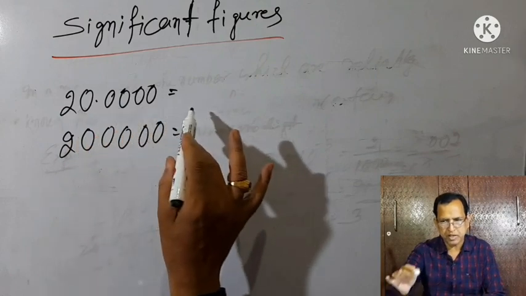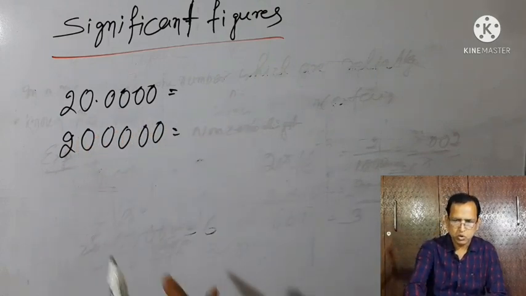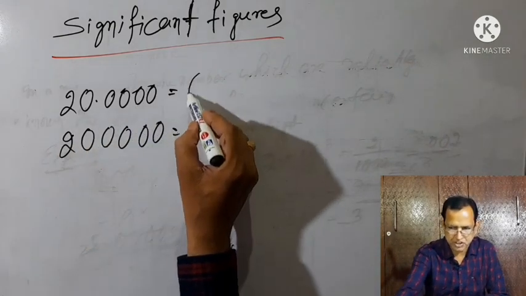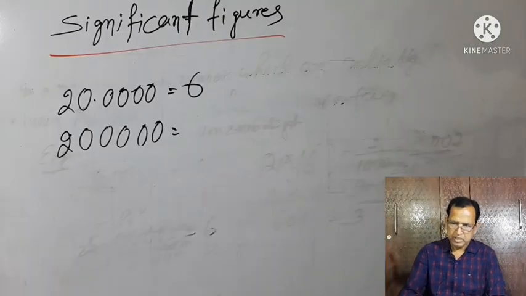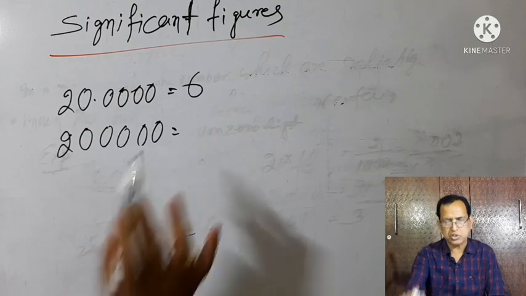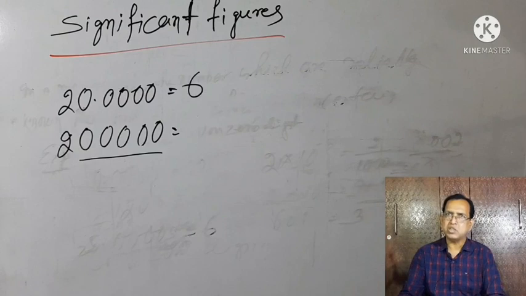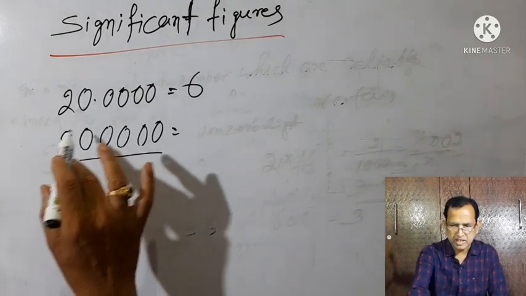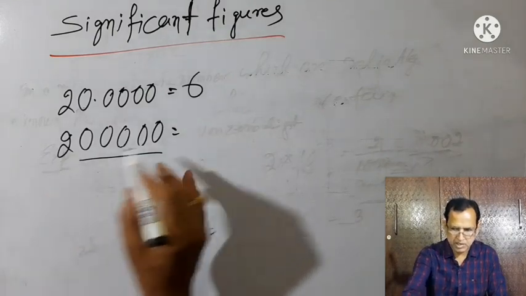So, what is the significant figure for that? There is a decimal point. So, 1, 2, 3, 4, 5, 6. 6 is the significant figure. Then in second case, 20000. These 4 zeros are trailing zeros. These trailing zeros are not used as significant figure, as it is a non-decimal number. So, significant figure is 1.